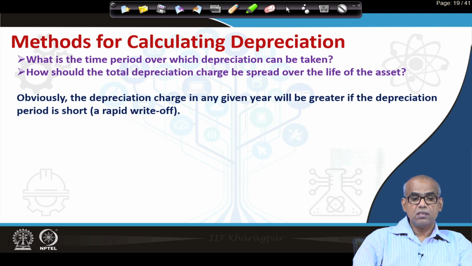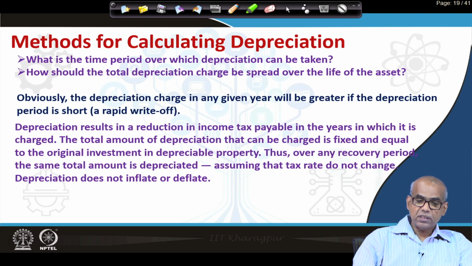So, question is, how should the depreciation charge be spread over the life of the asset? Depreciation results in a reduction in income tax payable in the years in which it is charged. We have seen that when income tax is computed, you subtract the depreciation from the gross profit.